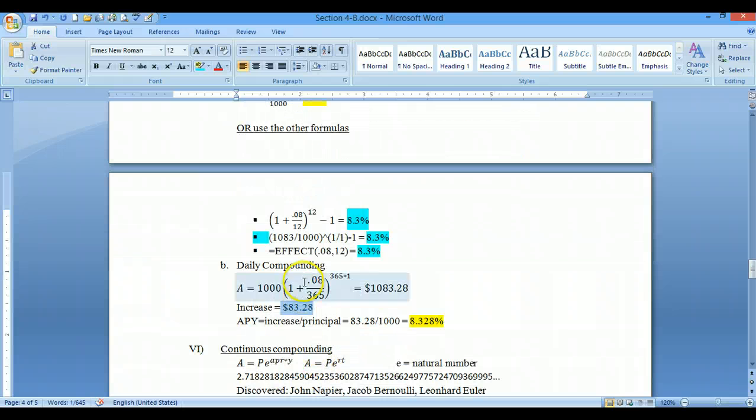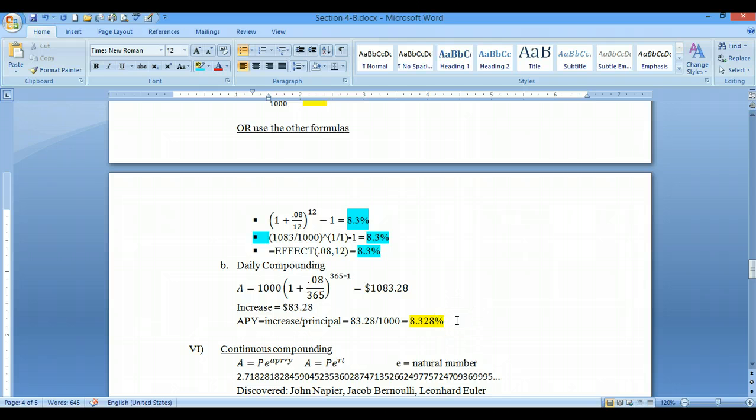So I have the absolute increase divided by my principal, which was 1,000. In this case, I can just move my decimal over and I get 8.328%. So if I compound it daily, it increases my APY even just a little bit more. So I get 8.328. So just a little bit more.